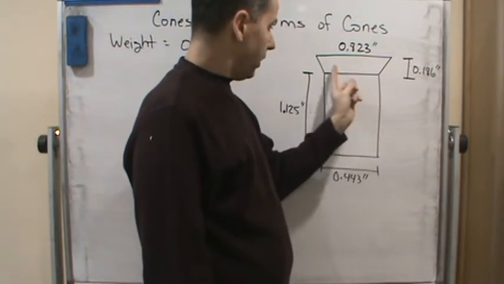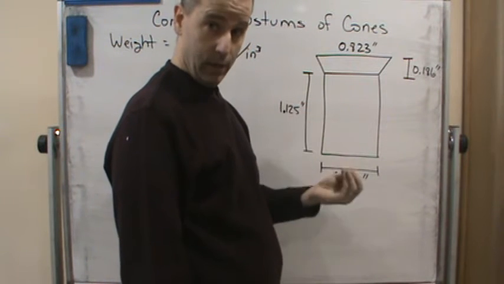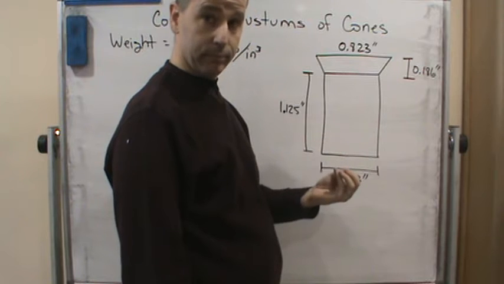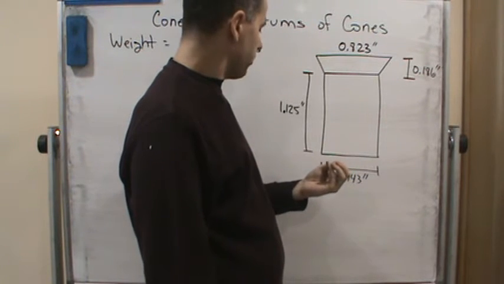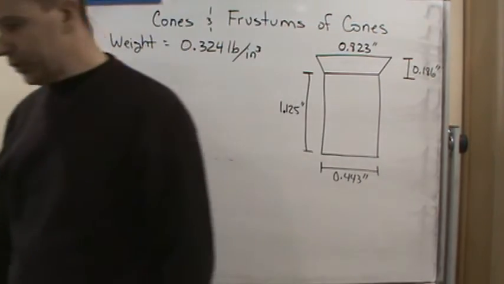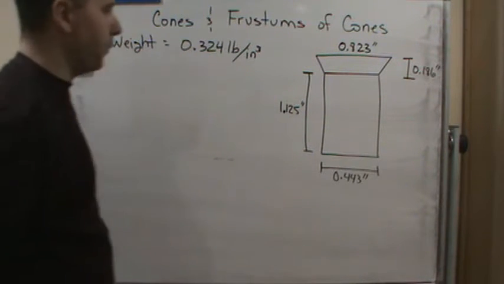This part of the rivet is a frustum. So we are going to use this information to help solve for the volume.